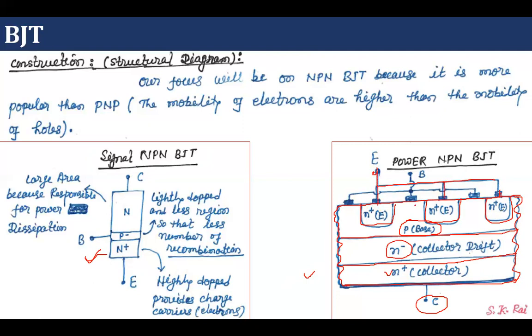Similarly, connect all the base region at one place, and it is going to behave as a base region. So in this way, you can draw the symbolic representation of the construction of power NPN bipolar junction transistor.